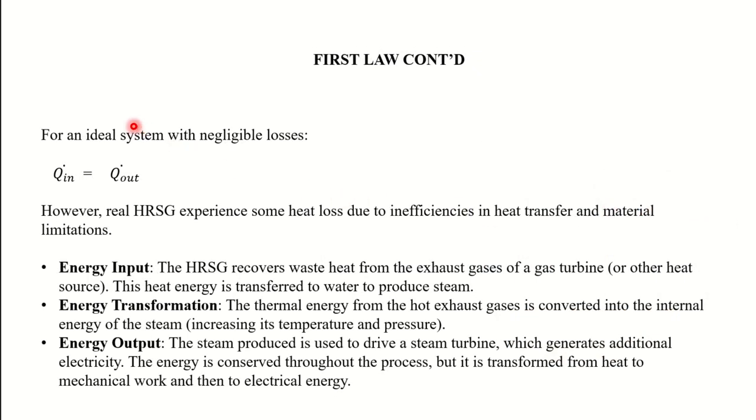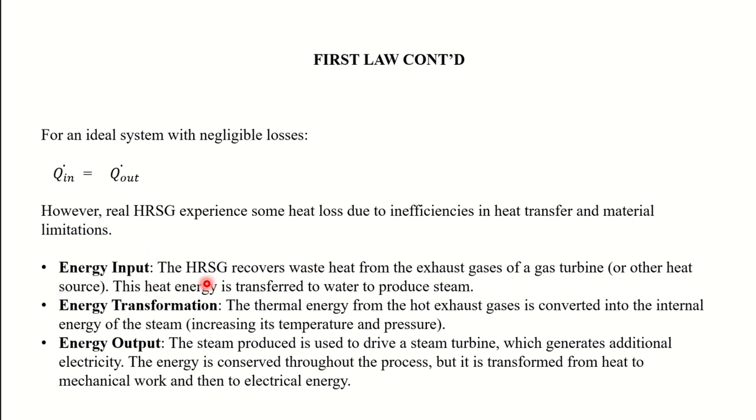For an ideal system with negligible losses, our Q in equals our Q out. However, real HRSGs experience some heat loss due to inefficiencies in heat transfer and material limitations.